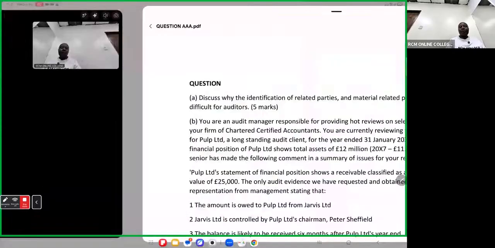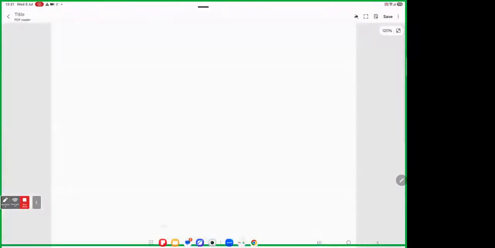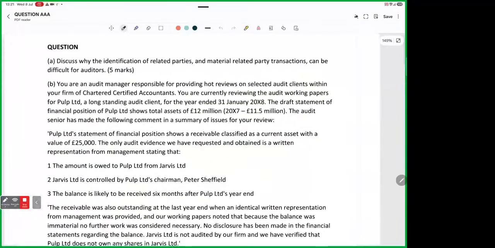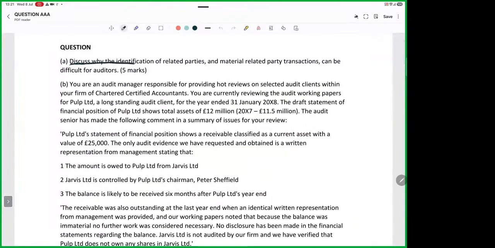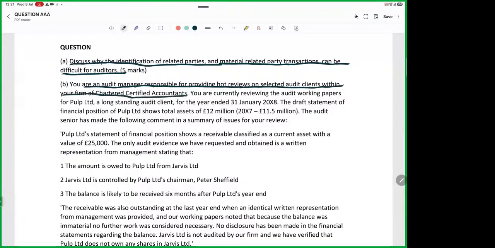All right. So here we are. We are told here to discuss why the identification of related parties and the material related party transactions can be difficult for auditors. 5 marks. You are an audit manager responsible for providing hot reviews on selected audit clients within your chartered certified accountant or CPA firm.